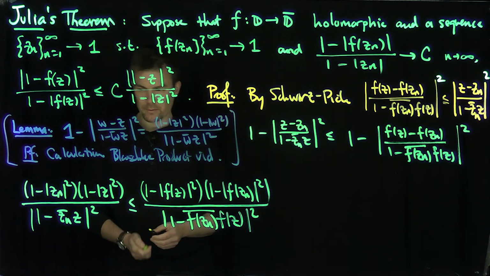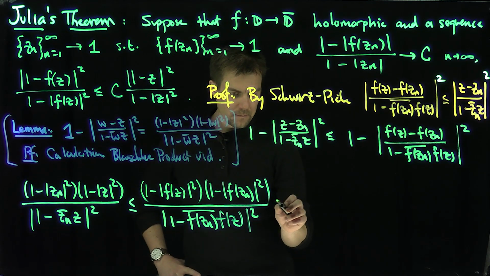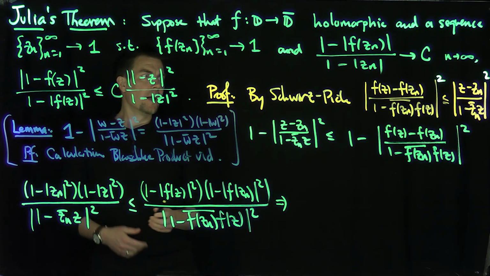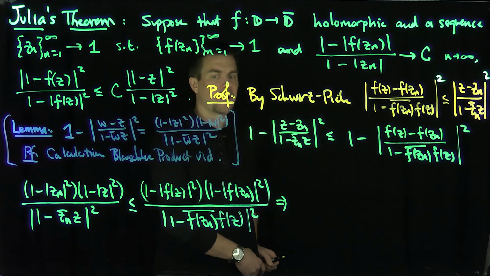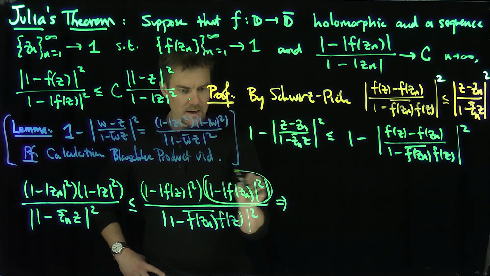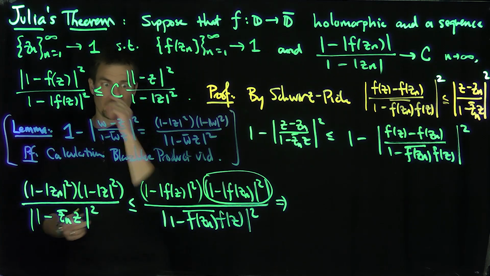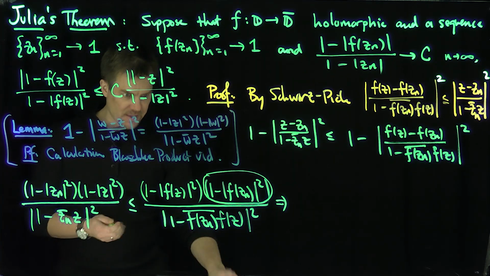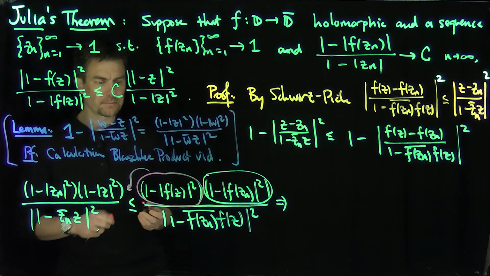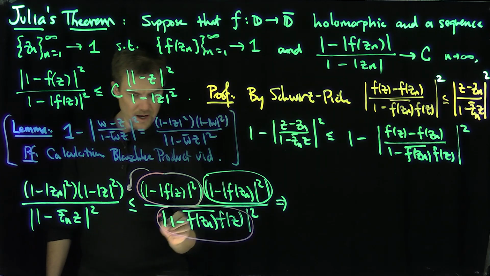Now we're done, essentially, because what I'm going to do is rewrite this over here. This implies that I almost see what we want. I need to see an f of z, so this is going to stay put. Then we're going to put this in the denominator, and that's going to go on the other side. This goes on the other side too, and also this is going to go on the other side.